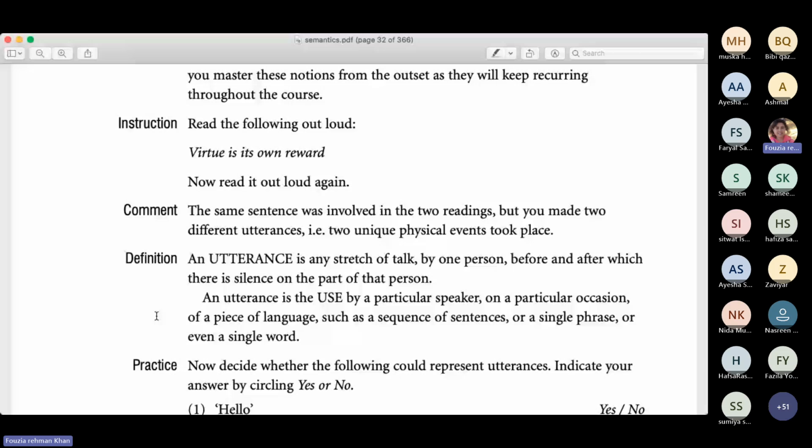So it has to be used by a particular speaker, on a particular occasion, a piece of language, and an utterance can consist of several sentences. So a sentence can be a part of an utterance. It can be a phrase, a sentence, or a word, because the stretch of an utterance varies from a word to a complete talk. I hope this is clear, and we are moving towards a practice.